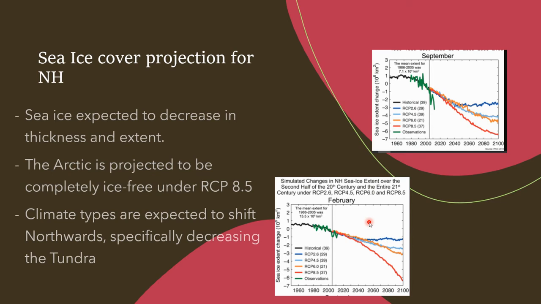And the Arctic is projected to be completely ice free under RCP 8.5. If RCP 8.5 continues, then definitely by the end of the century we will see some summer when there's no ice on the Arctic.